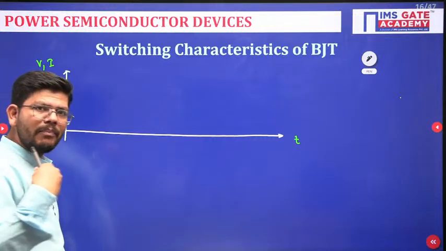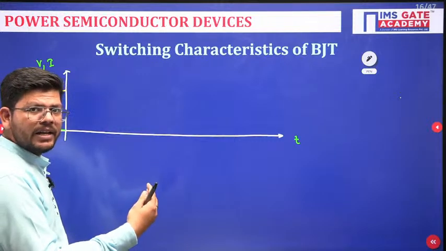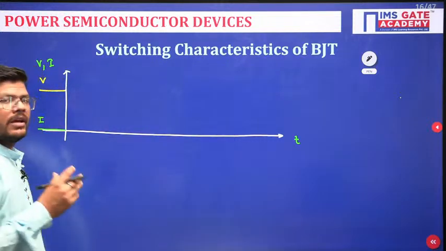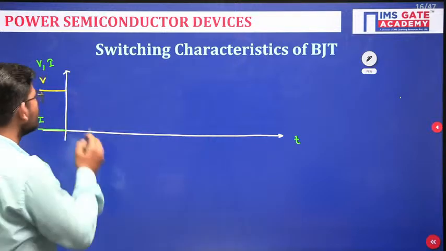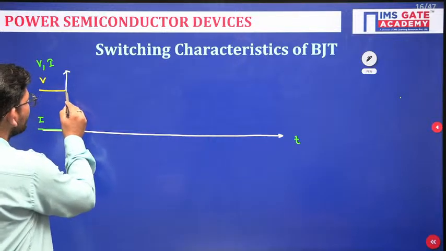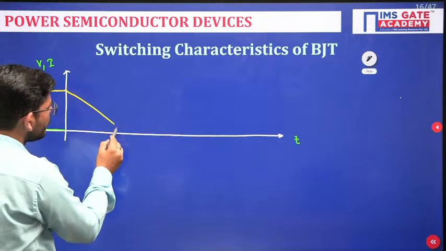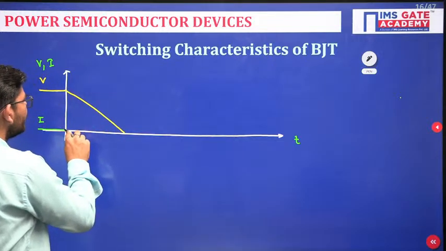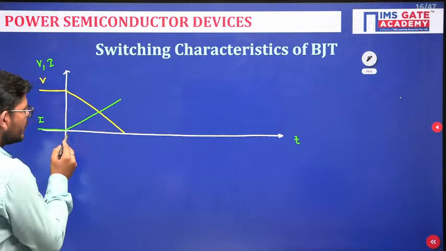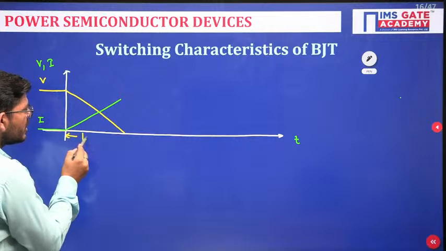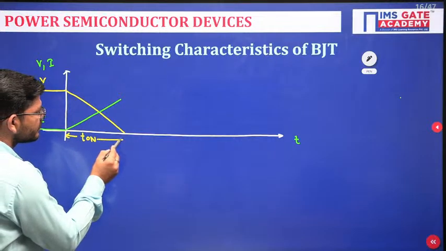Now when you apply base current, base signal to the transistor, what will happen? It will turn into on state. So how will the on transition happen? The voltage will come to a very low value while the current is building up across the device. Then we will call this the on time of the device.